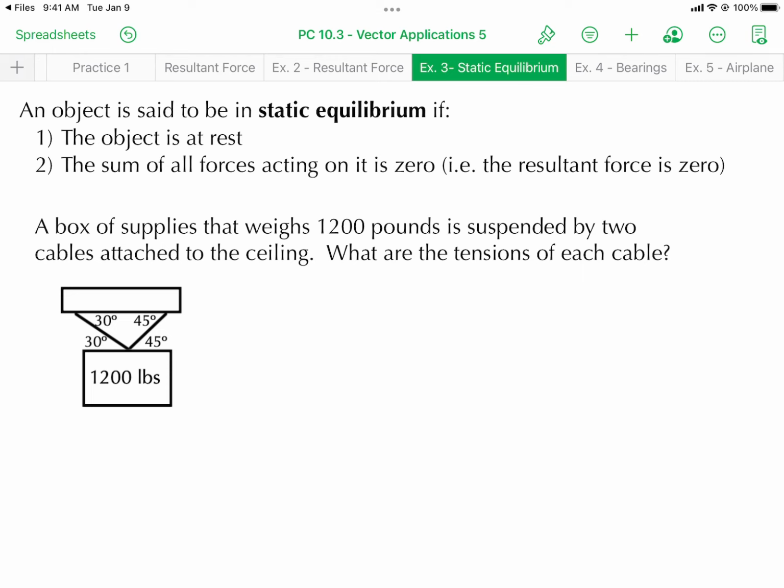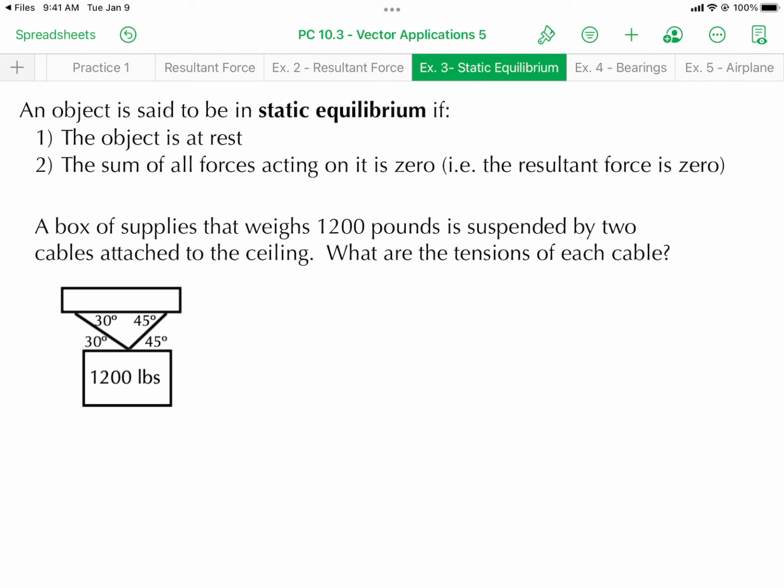Notice you can think of the ceiling and the top of the box as parallel lines, because we would assume that the ceiling is flat and the top of the box is flat, right? So they're parallel to each other, which means the two cables are transversals cutting through the two parallel lines.